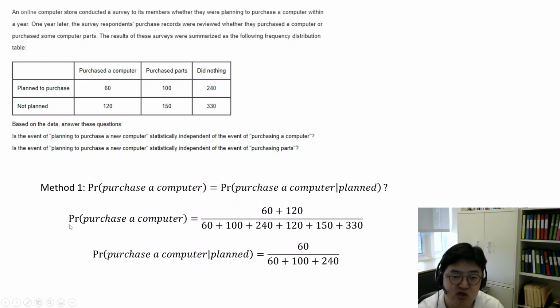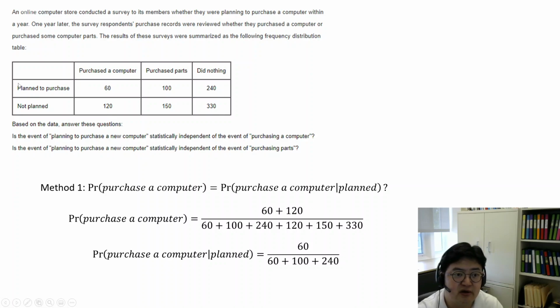It is unconditional because the denominator includes all the observations without restricting them with a condition, right? But a conditional probability restricts the sample. So restrict the sample to those who planned to purchase. So delete the second row.